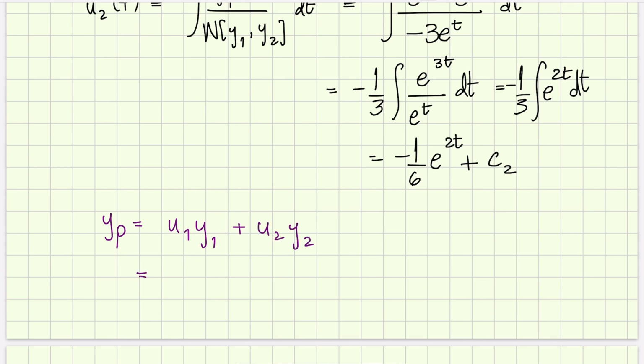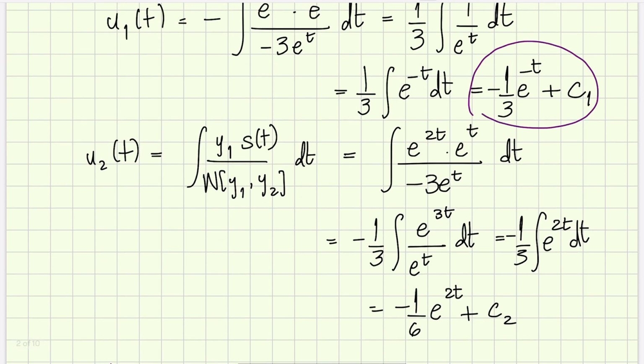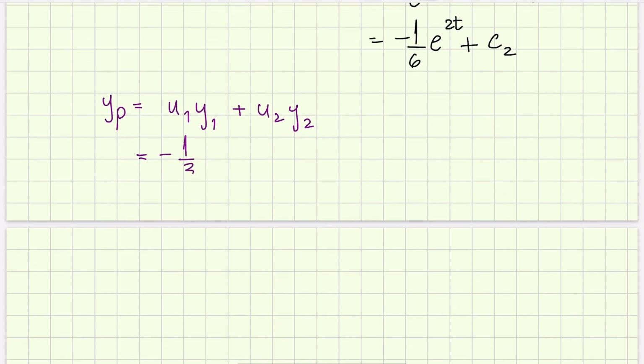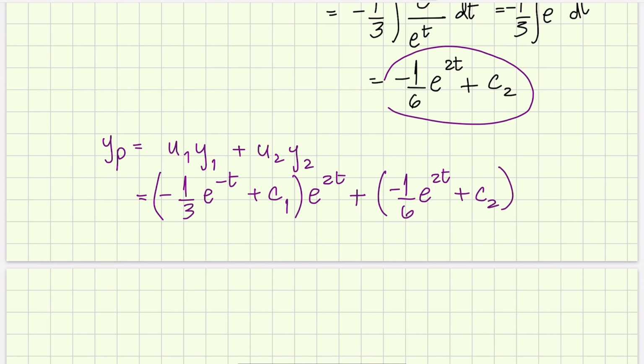So substituting all these values in, we found u1 right here, which is negative 1 over 3 e to the power negative t plus c1 times y1, which is e to the power 2t, plus u2, which is here, times y2, which is e to the power negative t.